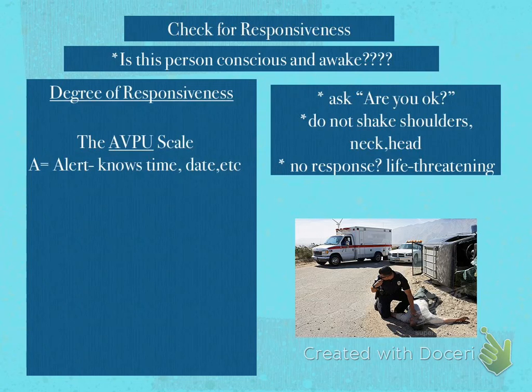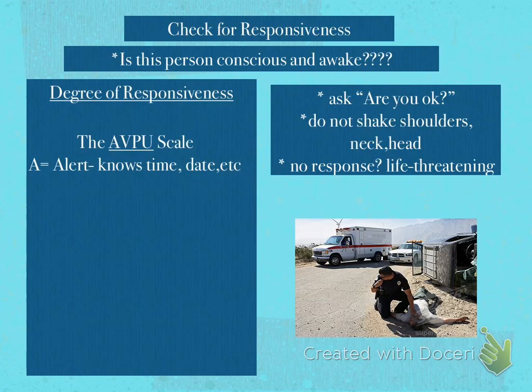Good thing about this is with our cell phone, something that's different: if you call from a landline, they automatically know your address. If you call from a cell phone, they can figure it out, but it's going to take them longer. A good thing about the cell phone is you can put it on speaker, lay the phone down, and then you can follow their instructions. But they're going to ask you how alert this person is.